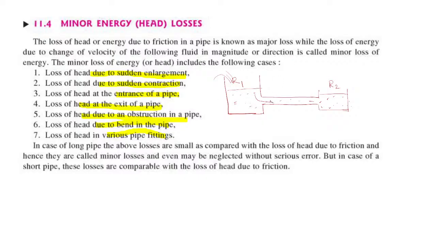The flow has to move through the connecting pipe. So the flow is entering from this, right, inside this, and from here it is exiting and going where? Into reservoir 2, right? From this pipe the flow is exiting. So when we are going to find out the minor losses, this will come into the picture: when the flow is entering inside the pipe and when it is exiting from the pipe. This is the entrance and the exit of the pipe.